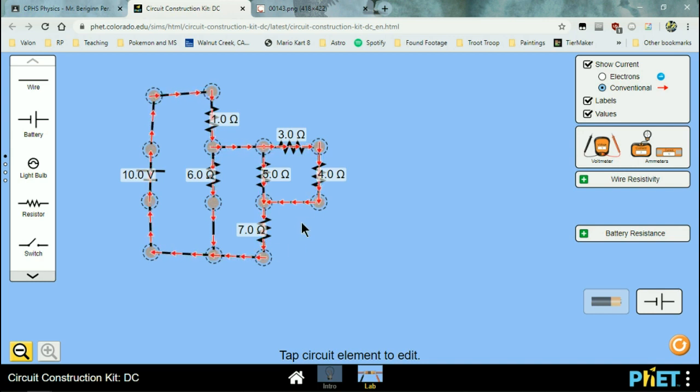The current is faster here than it is here, so it's not the same. So you cannot treat the 5 and the 7 like they are in series, but you can treat the 5 and these two like they're in parallel.